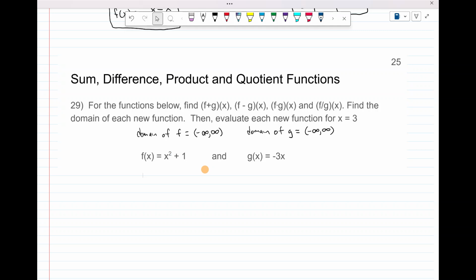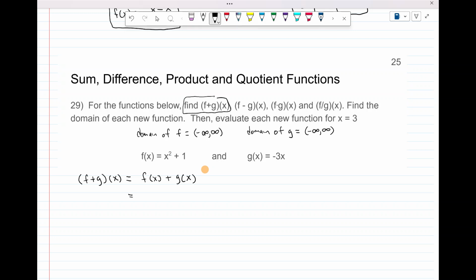All right, so according to our definition, (f plus g) of x is equal to f of x plus g of x. And so we are going to find (f plus g) of x, the sum function. And it's very simple.